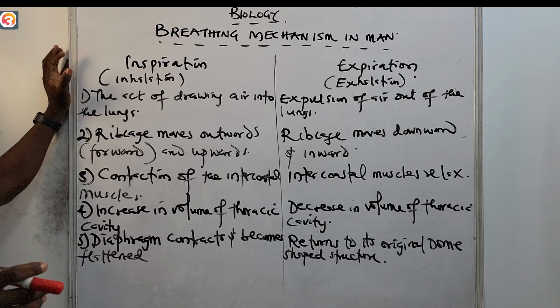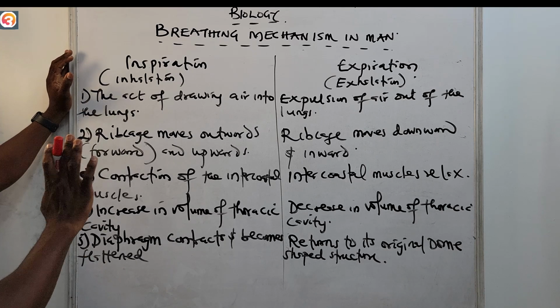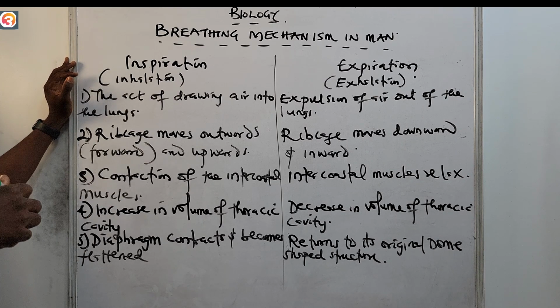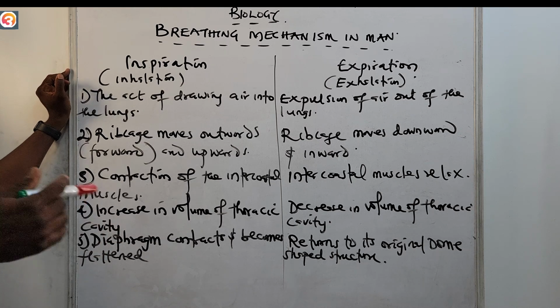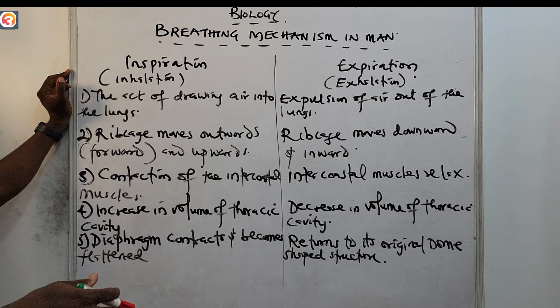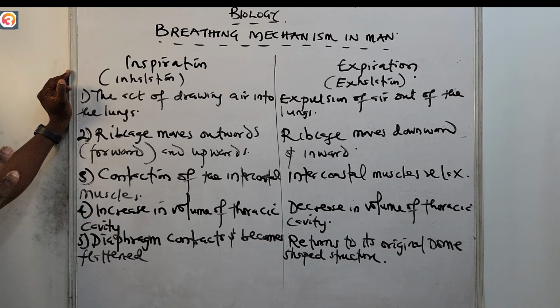And then also for inspiration, air pressure is usually lower than the atmospheric pressure. Air pressure in the lungs is lower than the atmospheric pressure. While for expiration, air pressure in the lung is higher than the atmospheric pressure. Please take note of that.